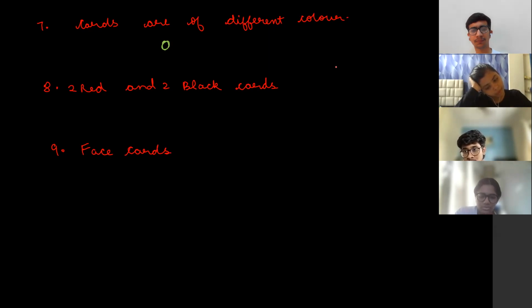So that's 26C2 into 2C1. Why 2C1? What is this 2C1 for? Selecting the color. Why you are selecting the color? I've already said 2 red and 2 black. So 26C2 se I'll pick the red wale cards, and into 26C2 se I'll pick the black cards.